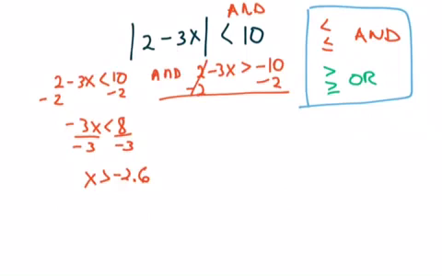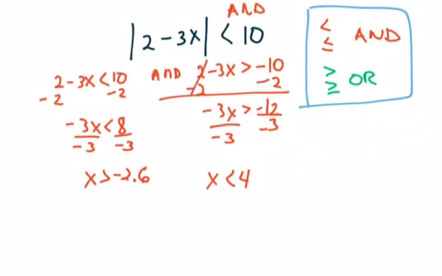Solving the other one, minus 2 cancels. Negative 3x is greater than negative 12. Divide by negative 3, and x is less than 4. Again, I divided by the negative, so I had to flip.